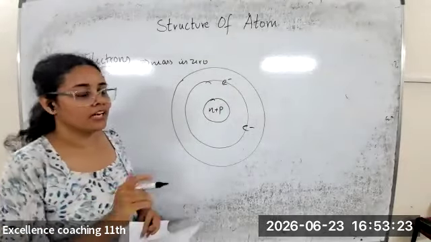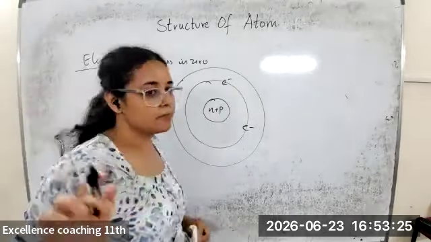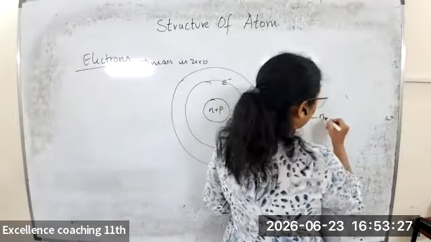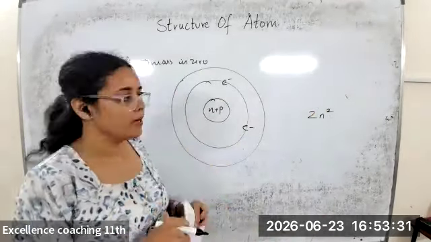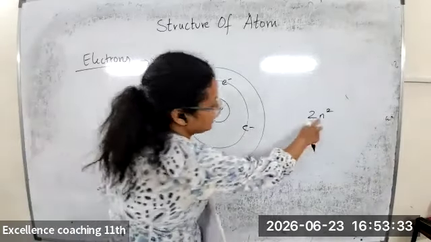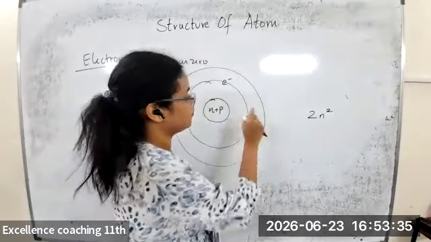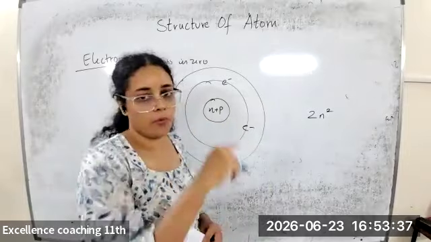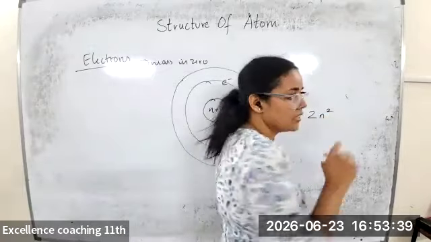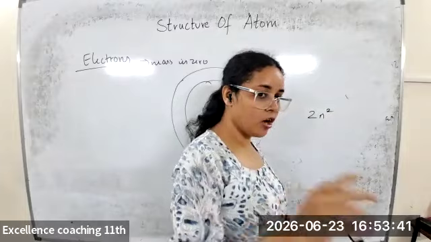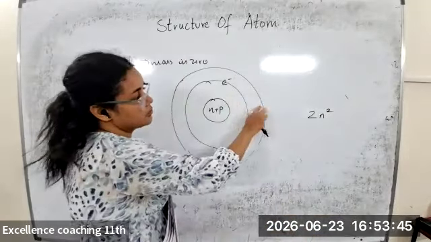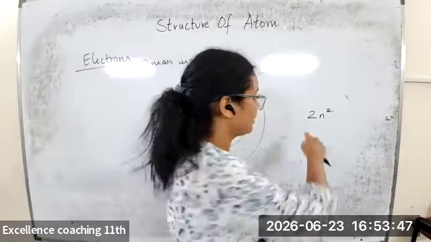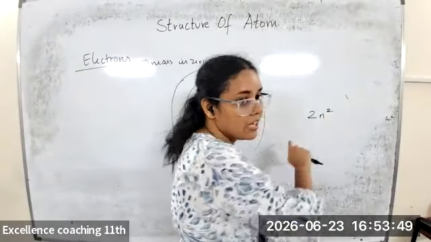There's a formula, 2n squared, where n is the principal quantum number. Suppose n is 1, the first shell will accommodate only 2 electrons. In the same way, for the second one the principal quantum number will be 2, so 2 twos are 4, 4 twos are 8.